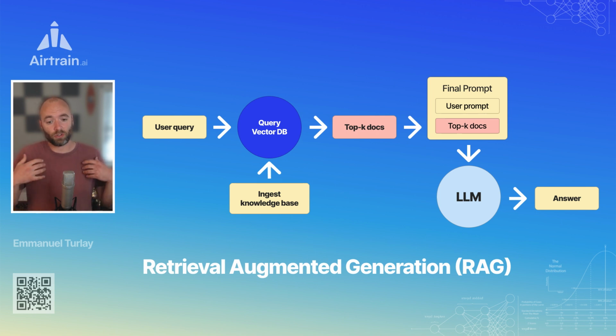Then you need to make sure that you work with a model that has a large enough context window. The context window is the size, the number of tokens that a model can take as an input. So obviously, if you want to feed 10 or 20 documents in your context, you need a large context window. Some models out there have very large context windows, like 50K or 100K tokens. So that can actually work with RAG.